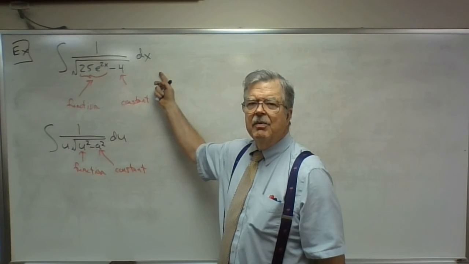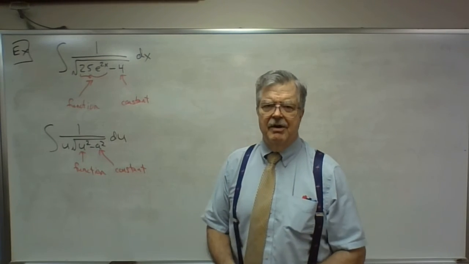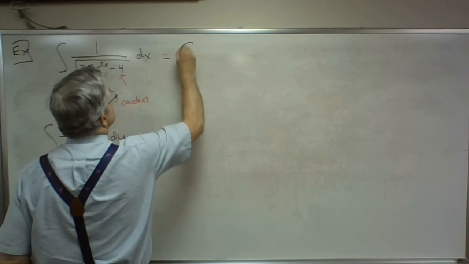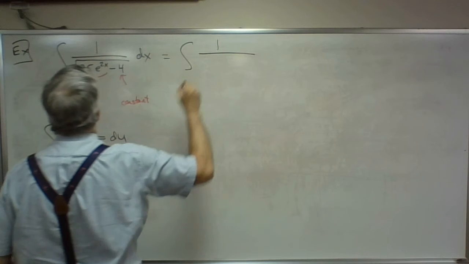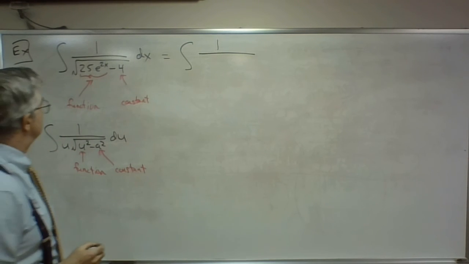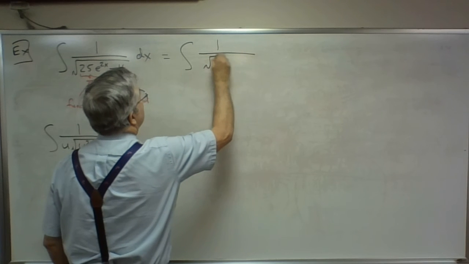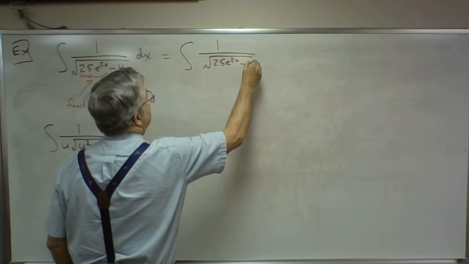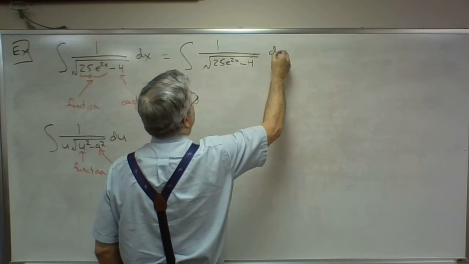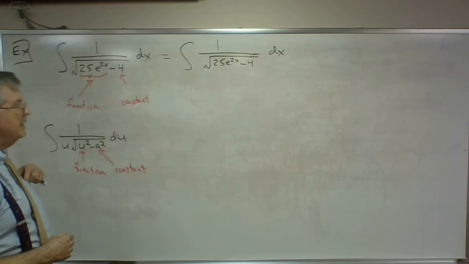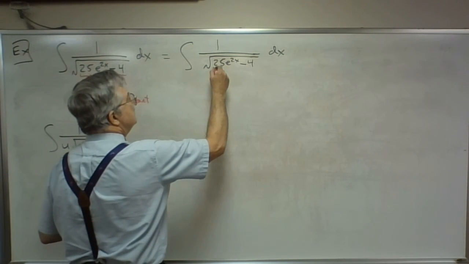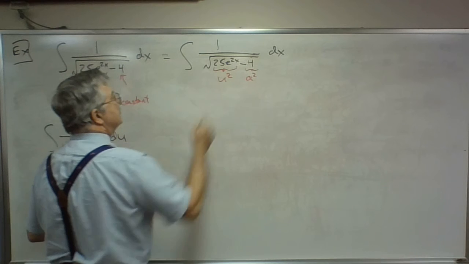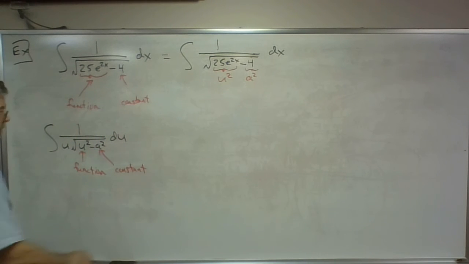Doesn't look like this is going to work, but let's make sure that it doesn't work, okay? This has got to be u squared, and that has got to be a squared. Okay.